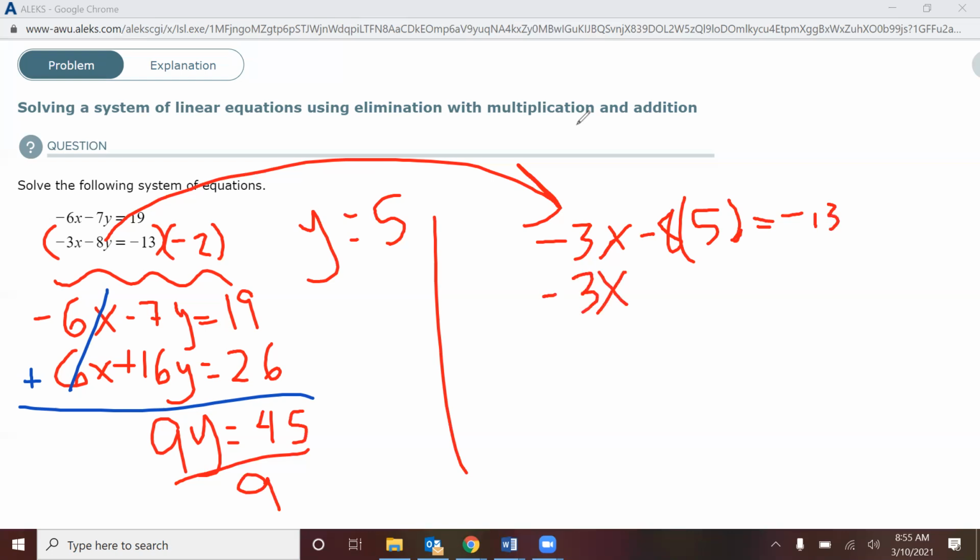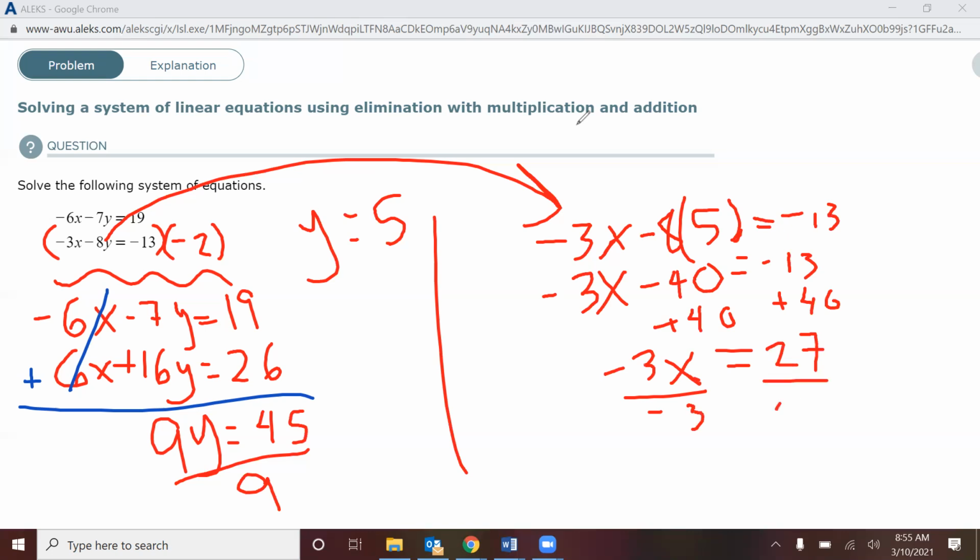And I will now solve for x. And so the solution is going to be -9, 5.